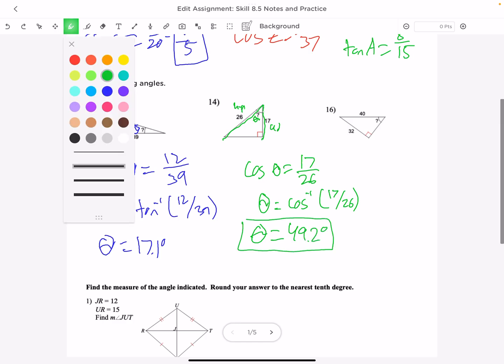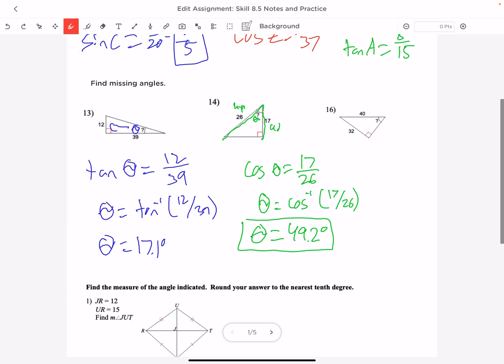All right, for the third, 16. Now my theta is the opposite side over the hypotenuse. So we're using sine of theta is equal to 32 over 40. I can't simplify it, but honestly, since I'm using a calculator, it's not necessary.